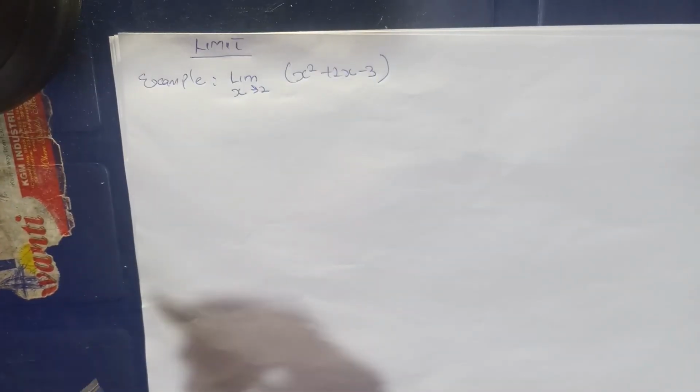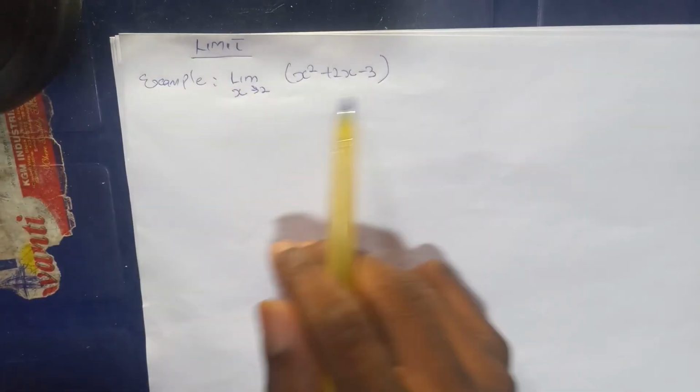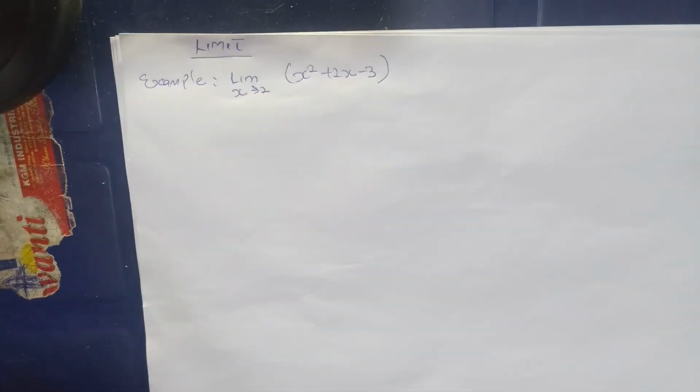First of all, we are going to input 2 anywhere there is x in this equation. Then if it gives us an answer that is not 0, that is the answer. But if it gives us 0, then we are going to look for another way to solve it.